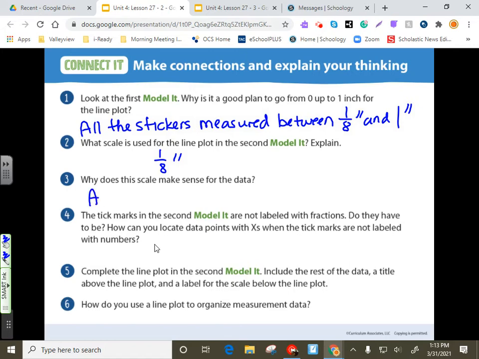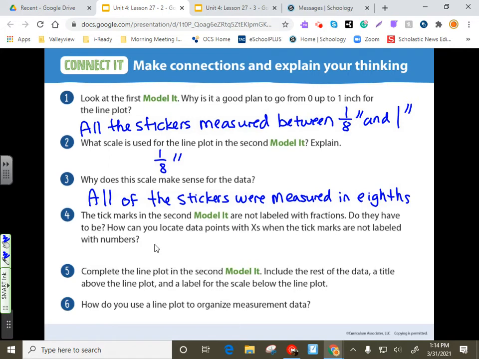Because after we did our conversions and made our equivalent fractions, all of the stickers were measured in eighths. Okay. The tick marks in the second model are not labeled with fractions.